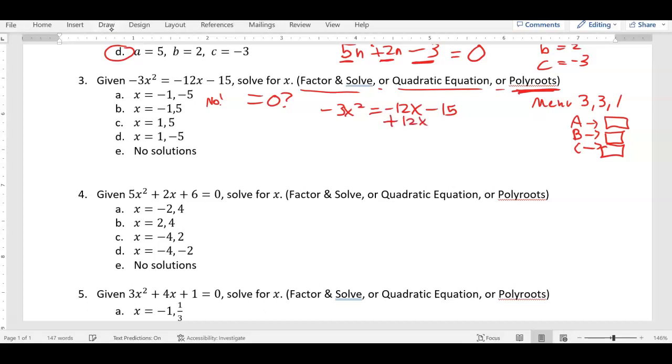Plus 12x on both sides. And then how do I get rid of the minus 15? Plus 15. All right, so on the right side, everything canceled out, so that equals 0. On the left side, I put the x squared term first, then the x term, then the constant.